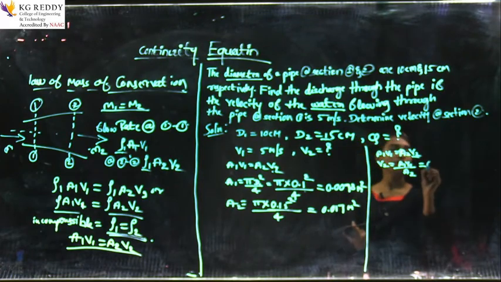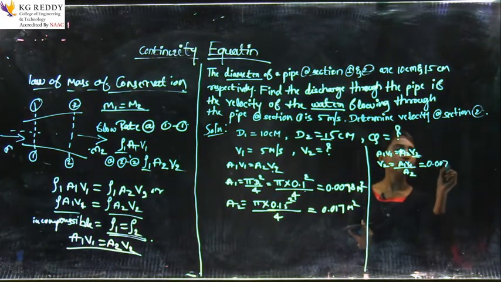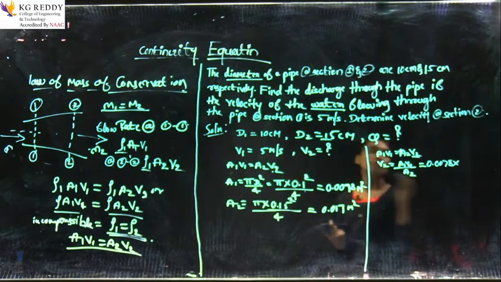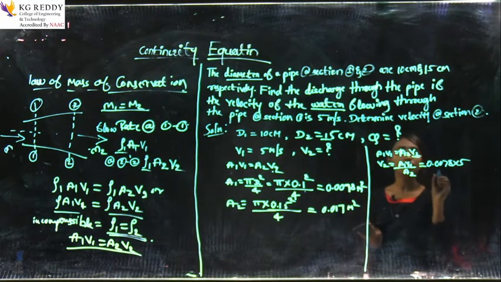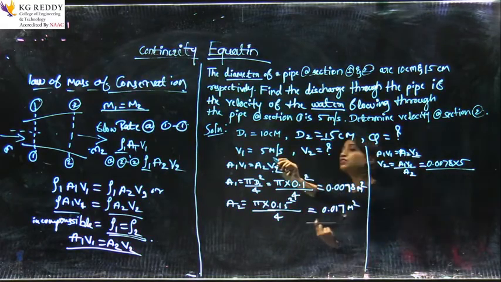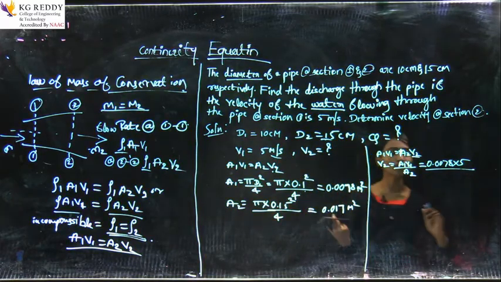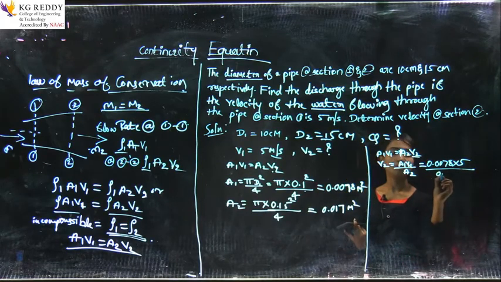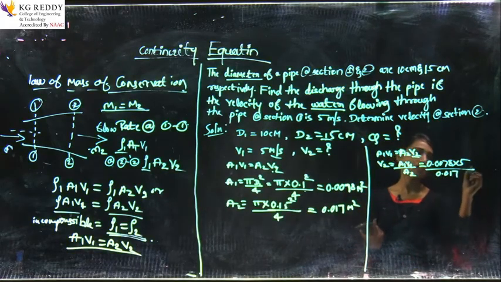A1 is 0.0078 and V1 is 5. This unit is in meters only, so no need to convert. And A2 is 0.017.